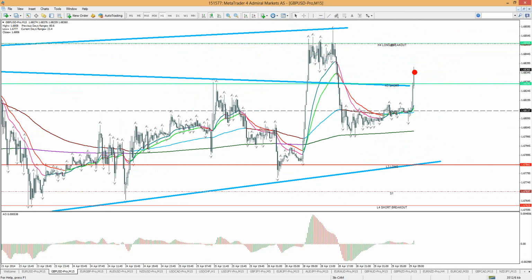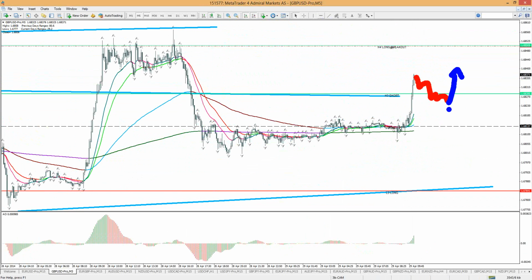But usually, if we wouldn't have a news event that has a high impact on the pound, what I would be looking for is some kind of pullback on the 5-minute chart, like this, and then a bounce after a break of this bull flag, for instance, or a bounce at a fib.